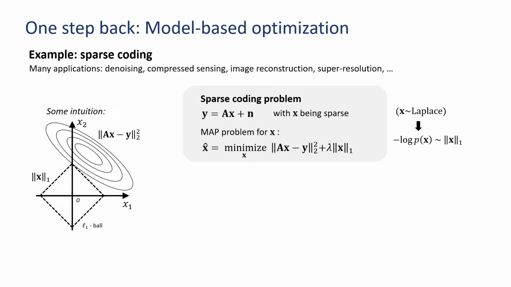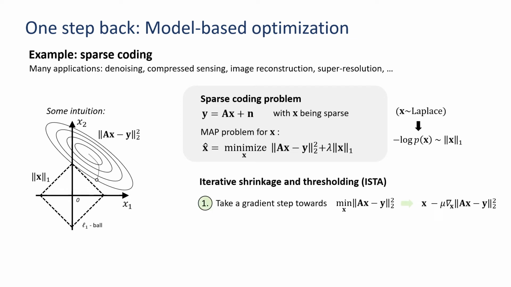And intuitively, that is solving this problem. We're going to move in this solution space, where you see the L1 ball indicated in dashed lines, and you also see the least squares problem. What we do is we take iteratively steps, first towards the minimum of the least squares problem, so this Ax minus y.